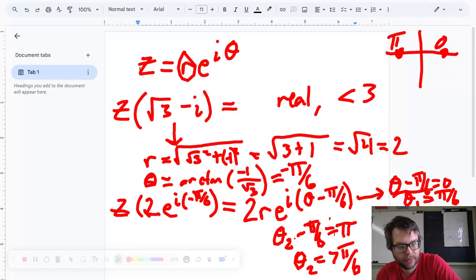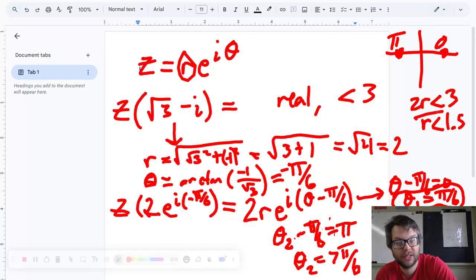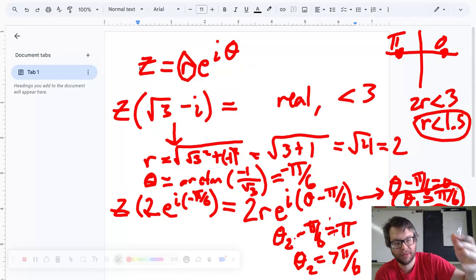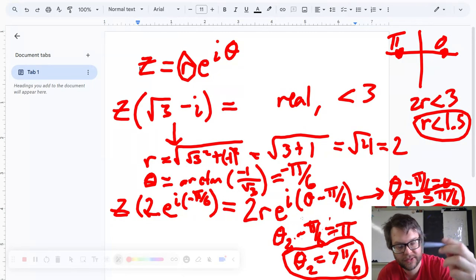If I'm in this first one where I'm on the positive axis and I need a real number that's less than 3, then I need 2r to be less than 3 because that's the distance from the origin. So r needs to be less than 1.5. So if r is less than 1.5 and theta is pi over 6 plus any multiple of 2 pi, then I've satisfied the conditions.